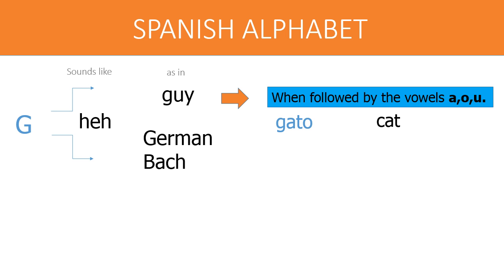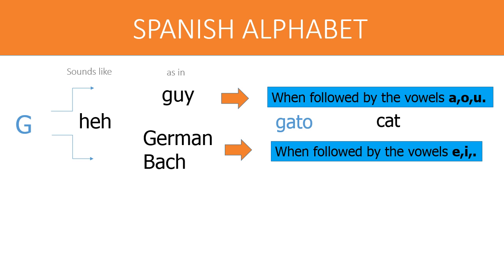The other sound, there's no equivalent in English, but hopefully you know the German word Bach, so it's similar to Bach. It also is similar to, for example, when we laugh and we say ha ha, it's similar to that sound.